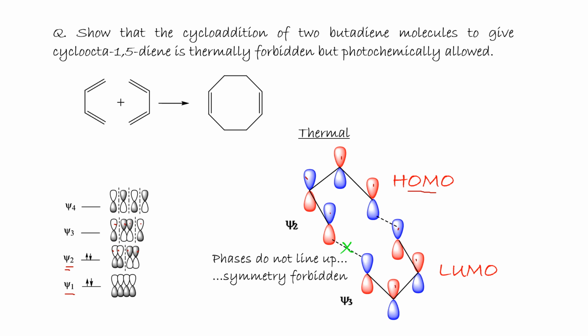Red, red, blue, blue, that's the HOMO. The LUMO is blue, red, red, blue. These are matching. These 2 are not matching. Faces do not line up, symmetry forbidden. So this reaction will not go under thermal conditions.